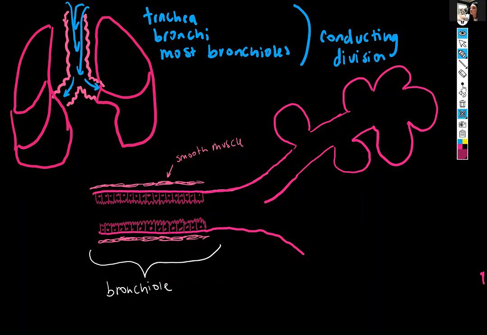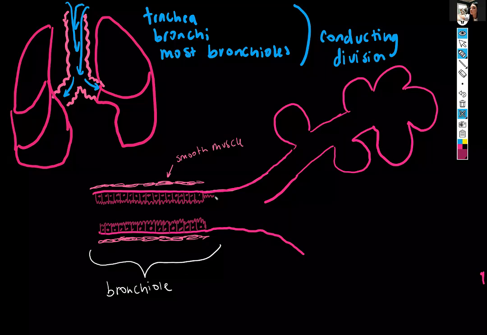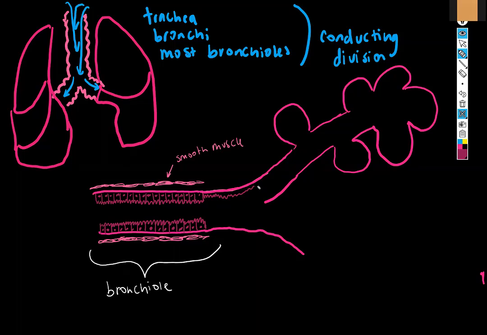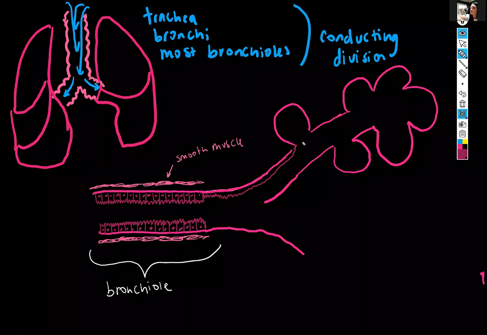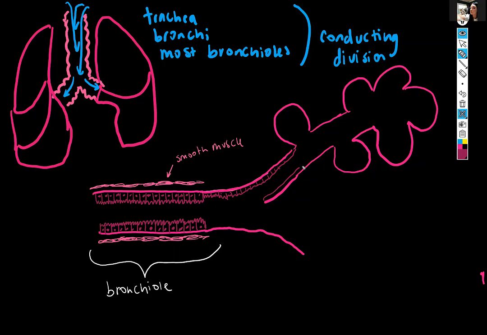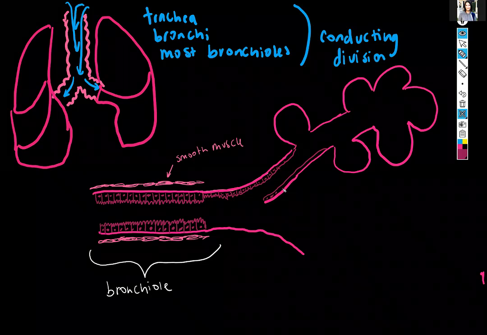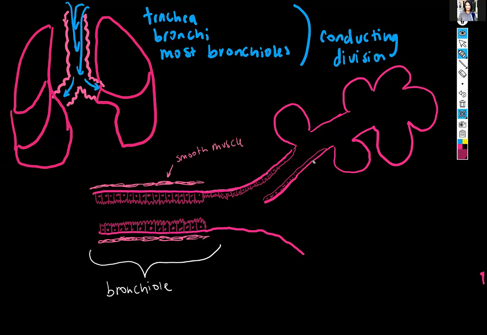So what you end up seeing is this gradual sort of decrease in height of the epithelial cells, and they lose their cilia and they start to look more cuboidal. So the morphology of the epithelium changes. We still got smooth muscle.